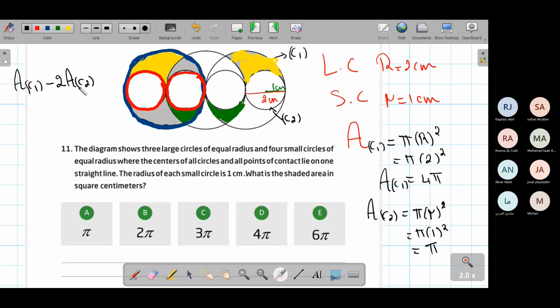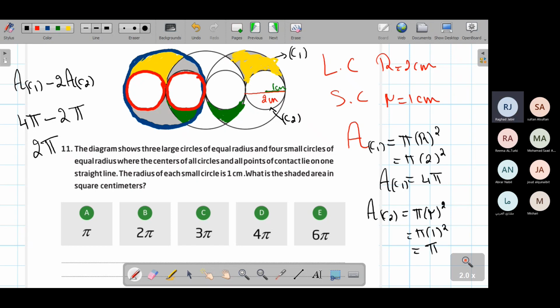I will subtract from it this part and this part. How many small circles do I have? 2. So it's the area of C1 minus 2 times the area of C2. The area of C1 is 4 pi, minus 2 times the area of C2, which is pi. So 4 pi minus 2 pi is equal to what? To 2 pi.